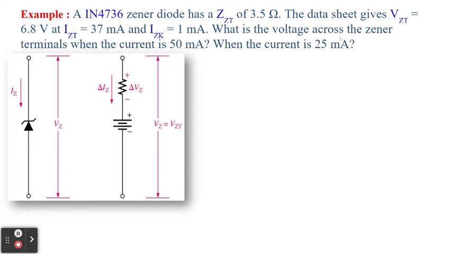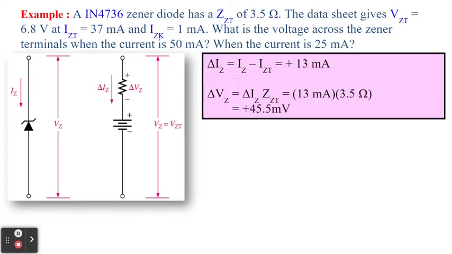What is the voltage across the Zener terminals when the current is 50 milliamperes? We will be trying to calculate the voltage VZ when the current is 50 milliamperes. How about 25 milliamperes? So we will be doing two calculations.